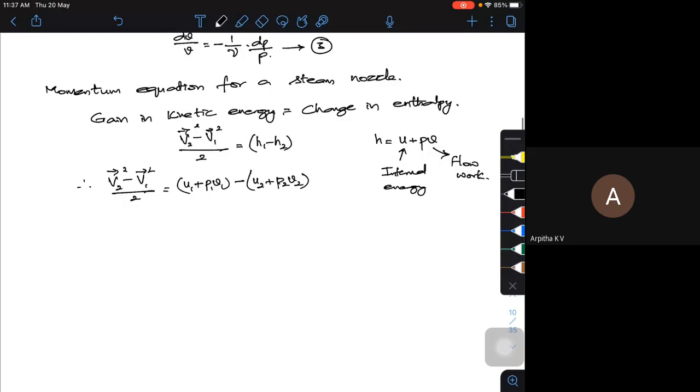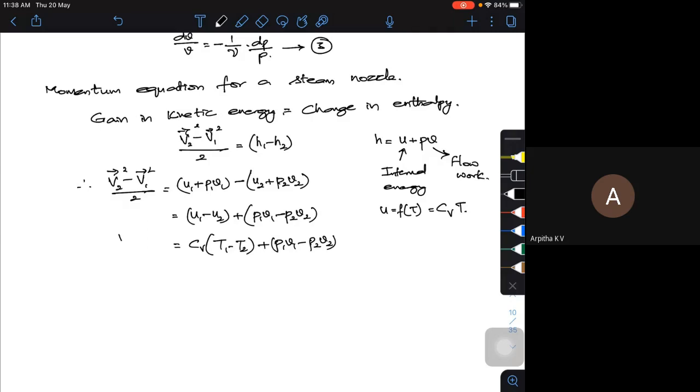Or if I write it separately, U1 minus U2 plus P1 V1 minus P2 V2. As I told, U is a function of temperature, Cv into T, all from thermodynamics. So I can write U1 as Cv into T1, U2 as Cv into T2, or U1 minus U2 as Cv into T1 minus T2, plus P1 V1 minus P2 V2.